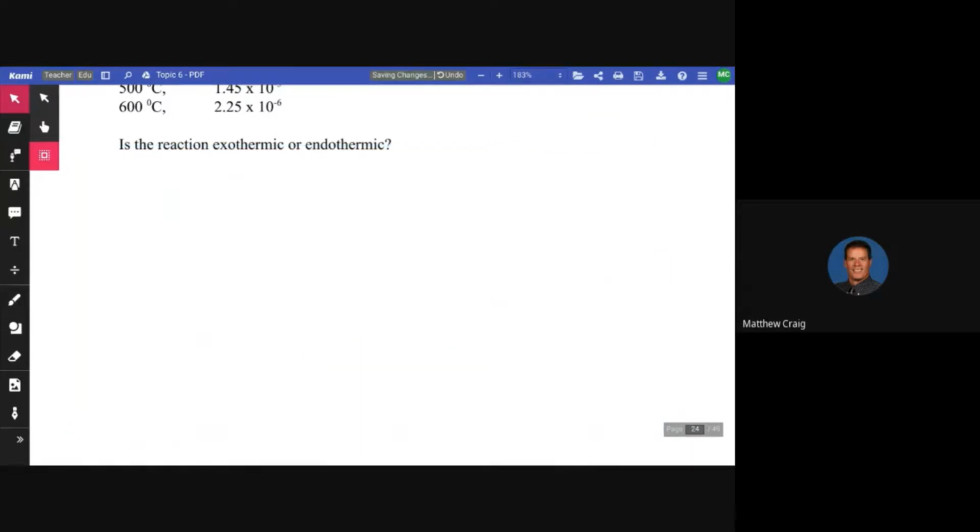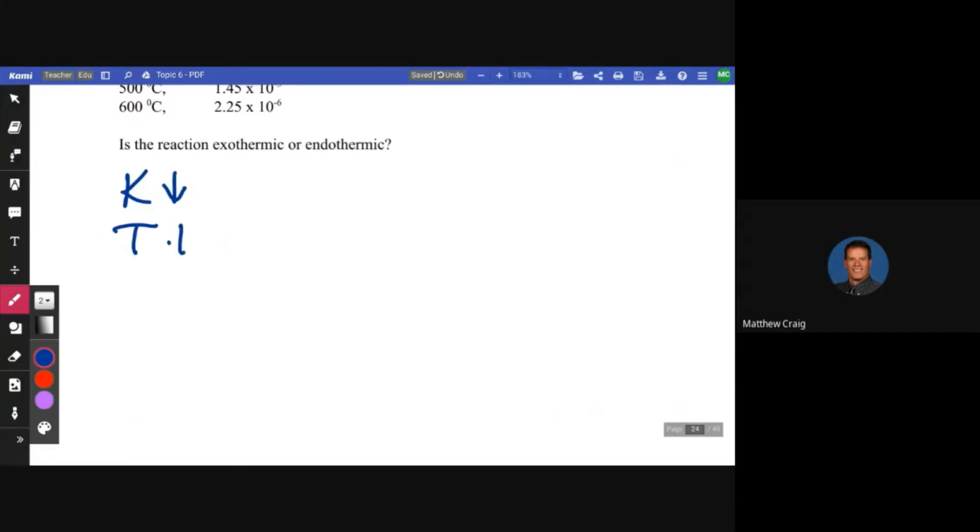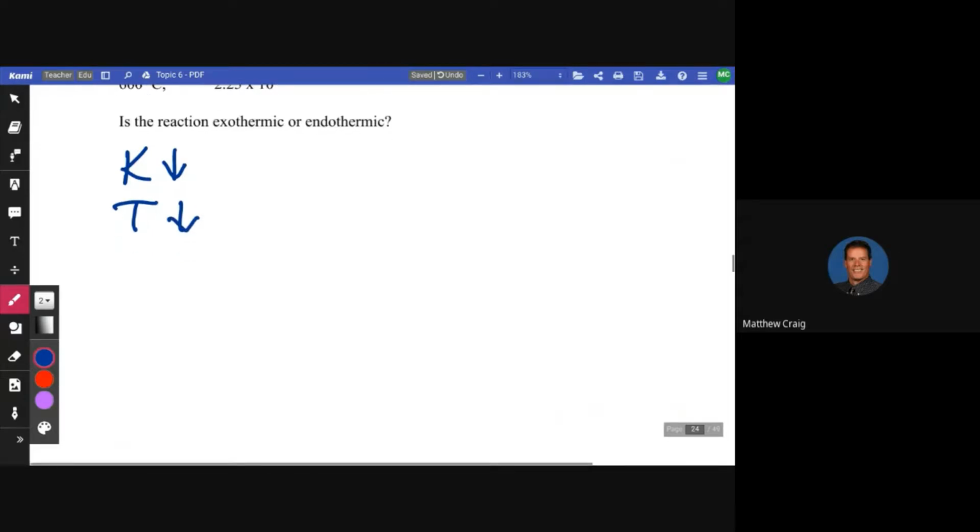Okay? Give you another one. Let's say we've got K decreasing. The temperature is decreasing. Is this endo or exo? Again, start from the beginning. Products over reactants.